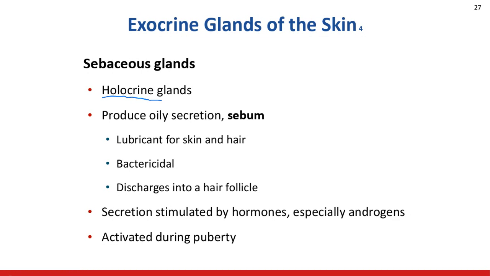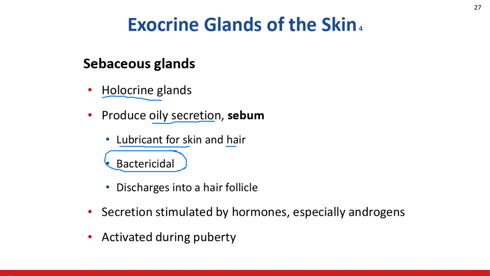It produces a very oily secretion, which we call sebum. Sebum is great for several reasons. It discharges its contents onto the hair follicle, and its contents help to lubricate both the skin and the hair, but it's also bactericidal. Kills off bad bacteria.